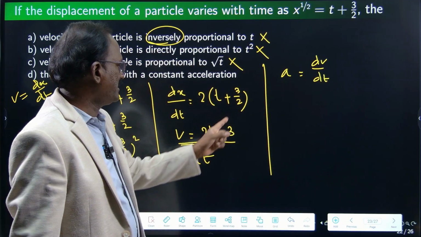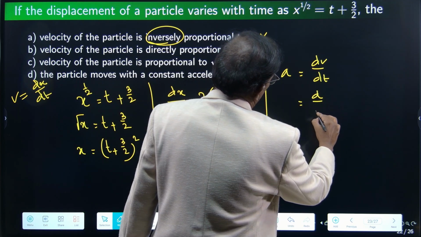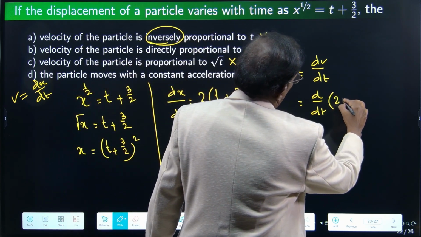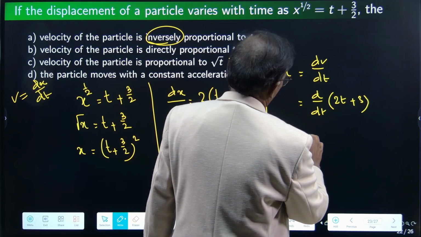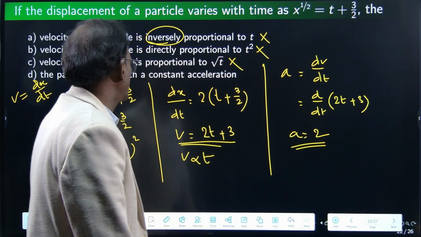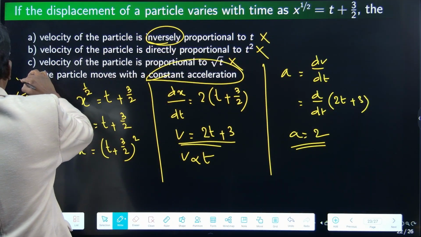If you differentiate it, d by dt of 2t plus 3 gives A is equal to 2. So A is equal to 2 is the answer. The particle moves with constant acceleration is correct.